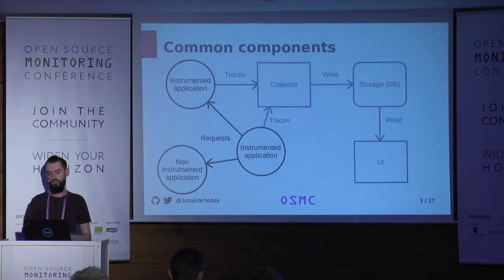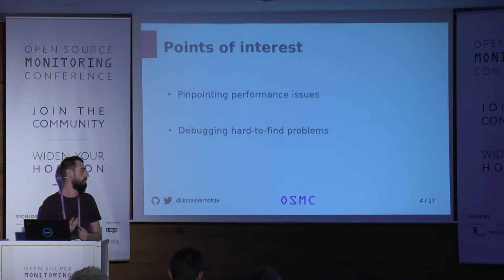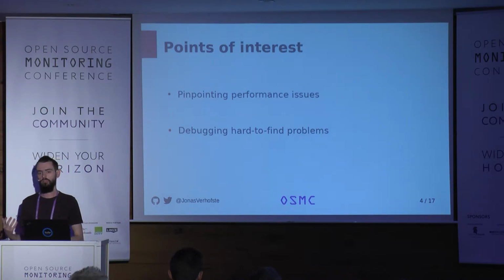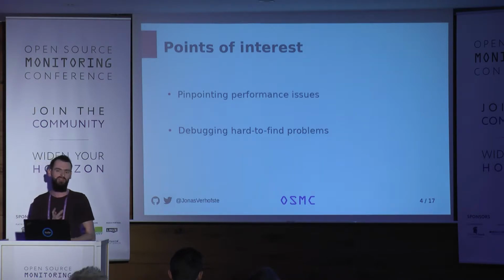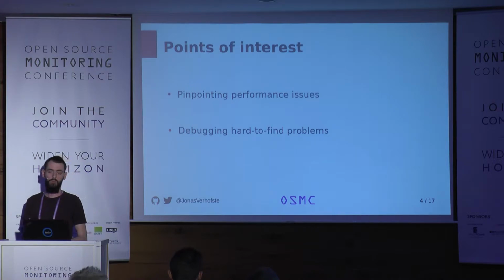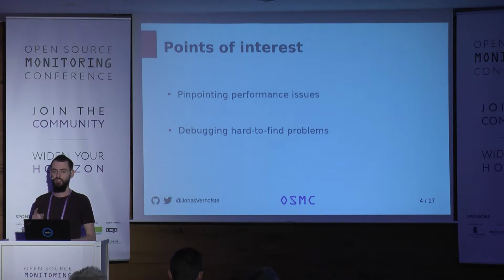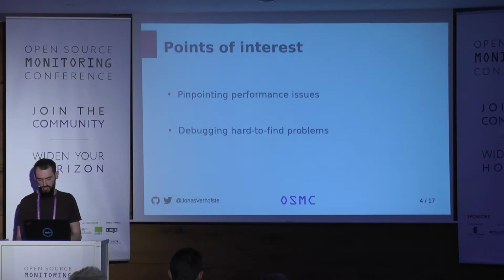We at Inuits were mostly interested in the ability of pinpointing performance issues and debugging hard-to-find problems that don't often occur. For example, at the end of this stage, we noticed a login button making 1,000 database queries per login, which was very much.